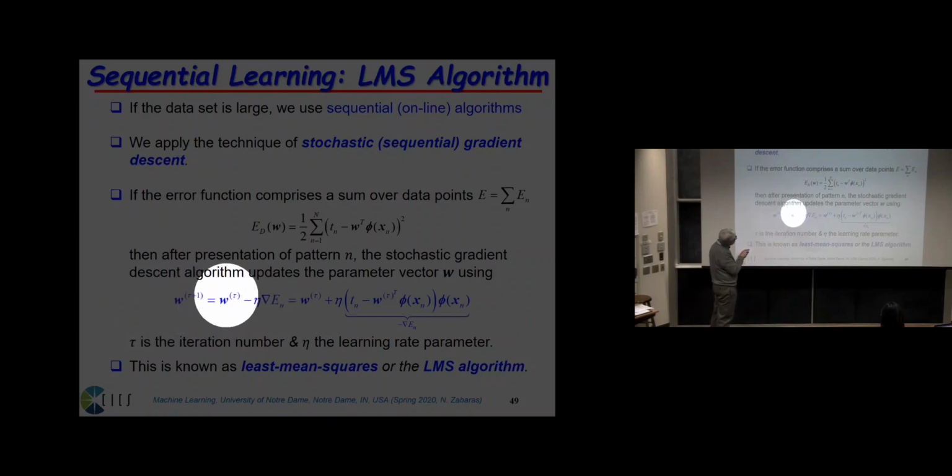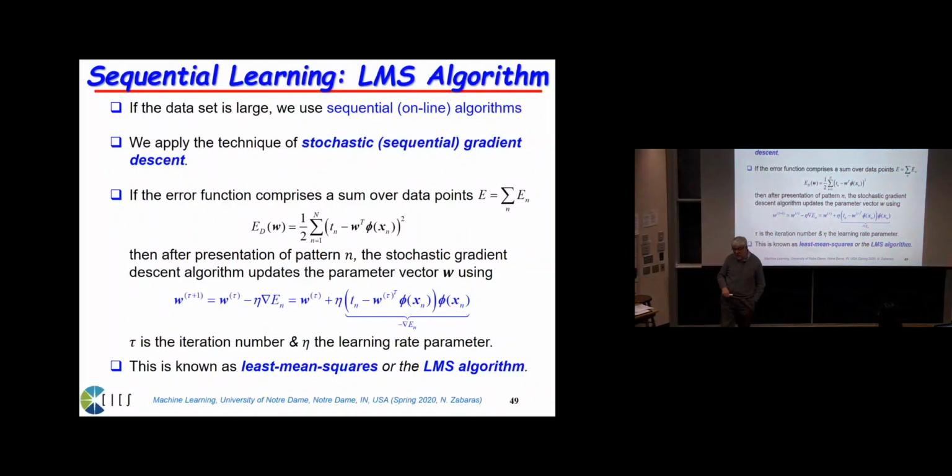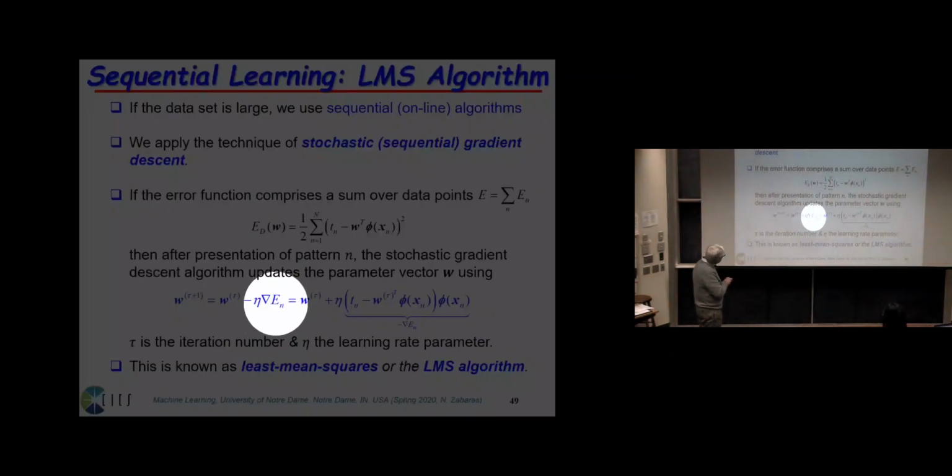So you can update the parameters from iteration tau to iteration tau plus 1, one data point at a time, all right? So this formula says, compute the gradient of this error for the data point n. And that gradient is like you take the function 1/2 of Tn minus W transpose phi of xn squared, without the summation.